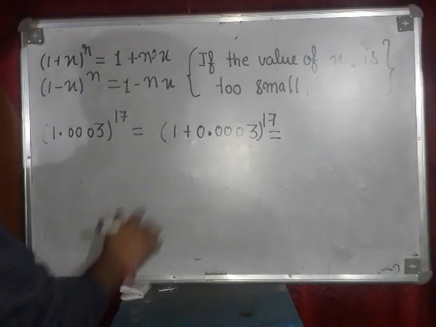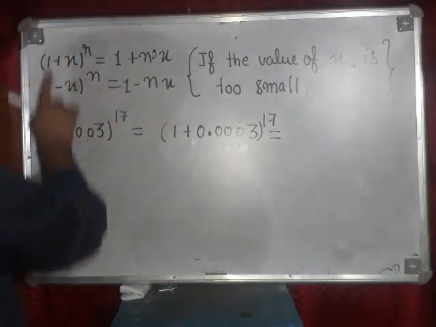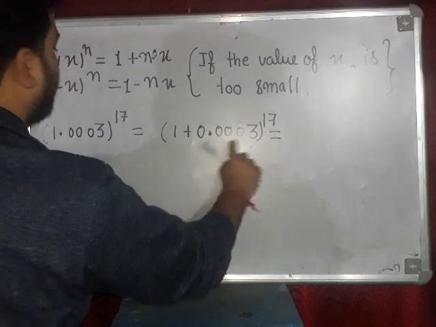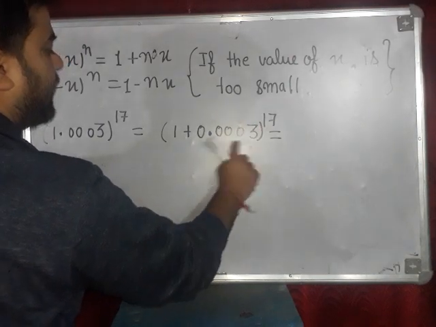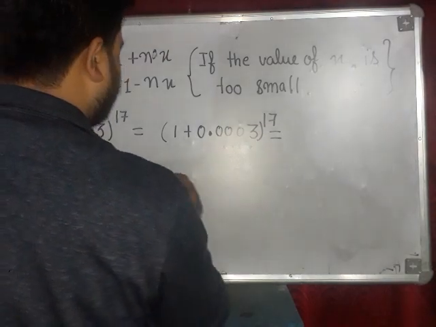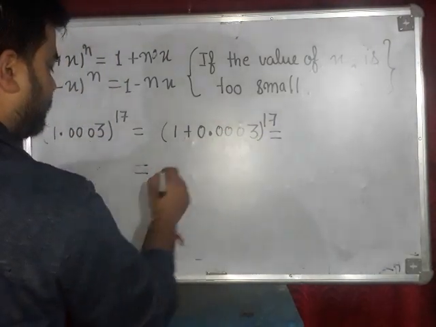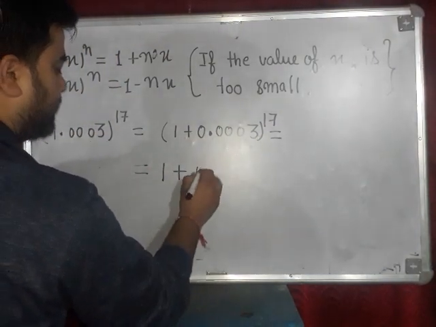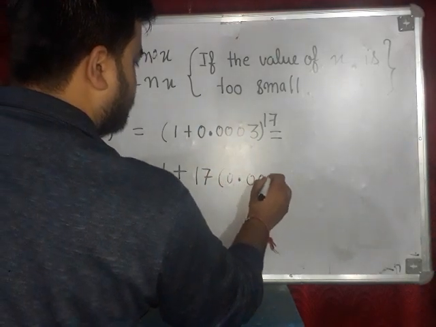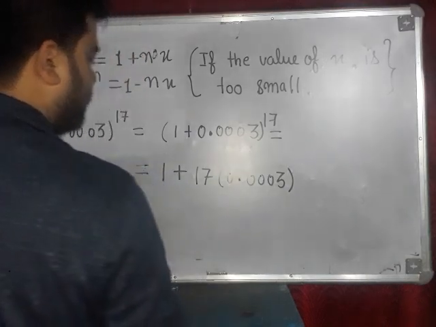Then matching that with (1+x) to the power n, and x is too small, so I am applying 1 plus 17 into 0.003.